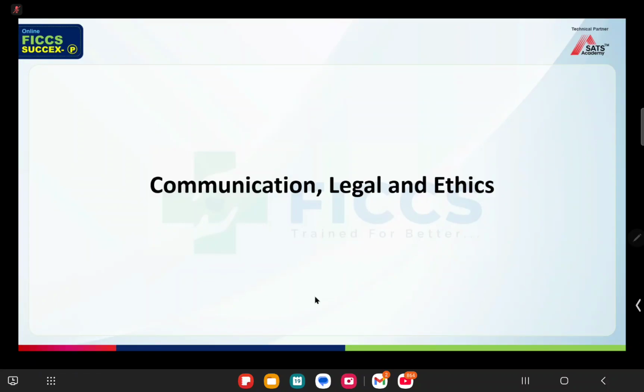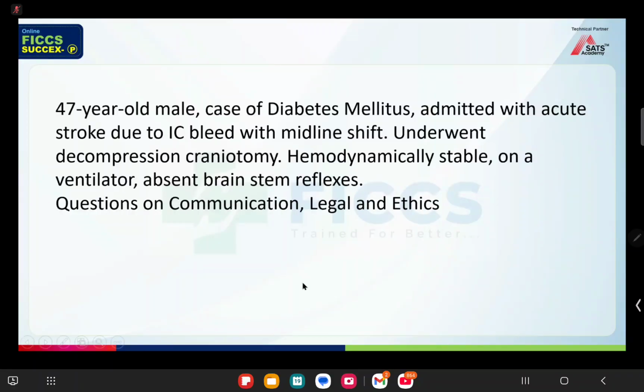Okay, so here is the case. You can read the case. A 47-year-old male, case of diabetes mellitus, admitted with acute stroke due to ICH bleed with midline shift, underwent decompressive craniotomy, hemodynamically stable on a ventilator, absent brainstem reflexes.